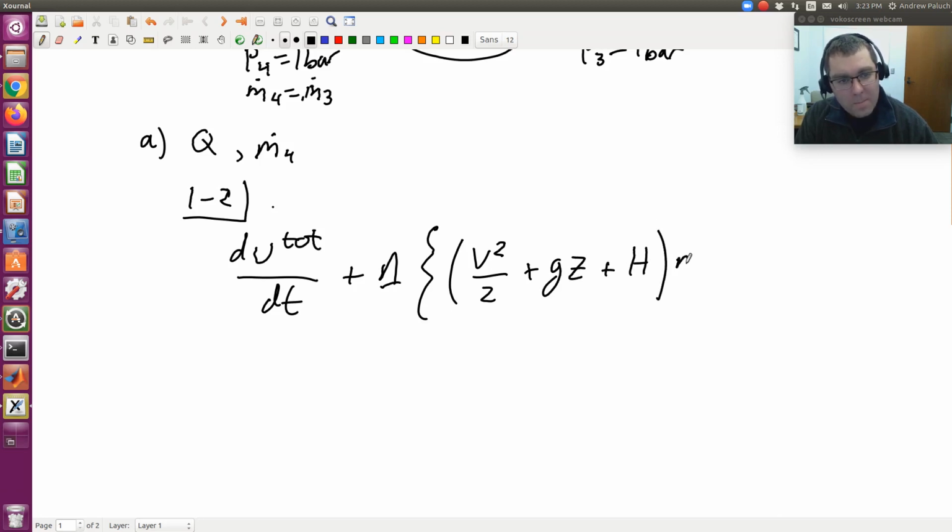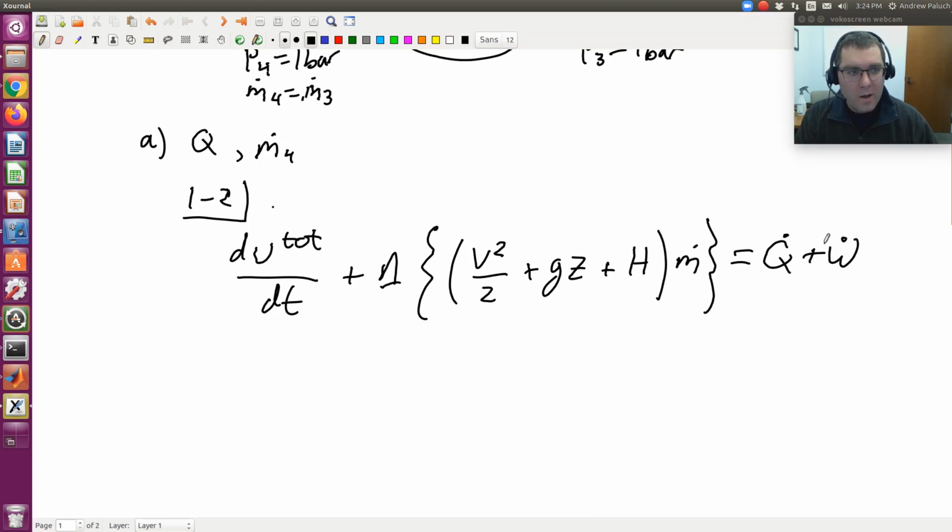Remember, enthalpy, not U, because my fluid element needs to displace the fluid element in front of it. Here dU total/dt is my extensive internal energy, in units of energy per time. The h, as I have it written here, would be my specific enthalpy, energy per mass, and m dot is mass per time, so the units work out. That's going to be equal to Q dot plus W dot.